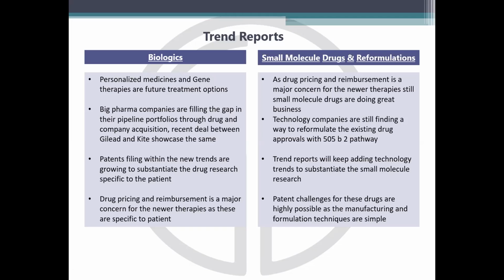All this will be provided, so that you will be well aware before you plan for the regulatory filings. Then we have small molecule and reformulation drugs, wherein the investment is moderate, but the advantage here is that the success rate for small molecules and reformulations is a little higher.